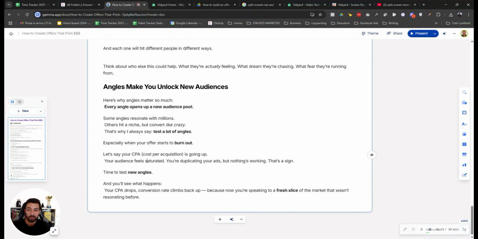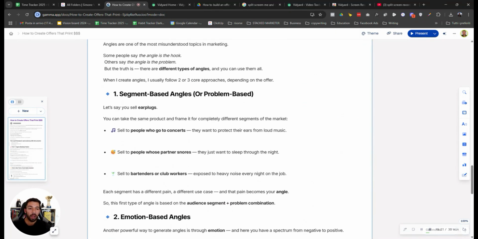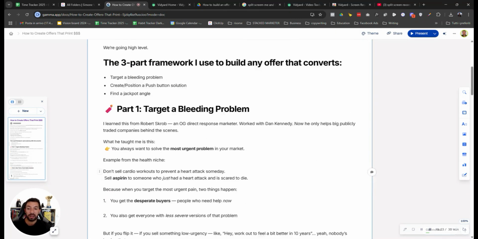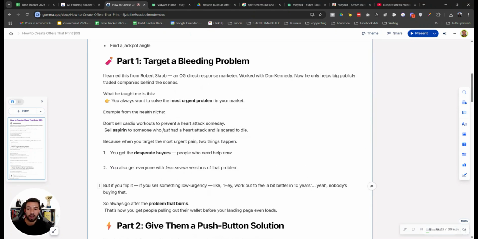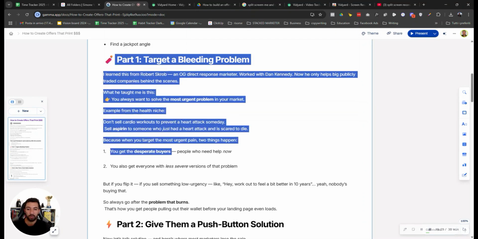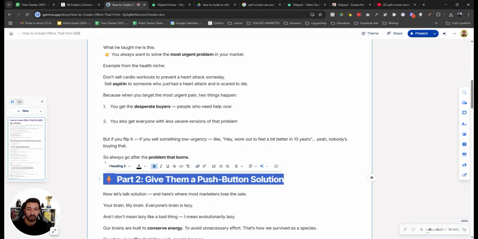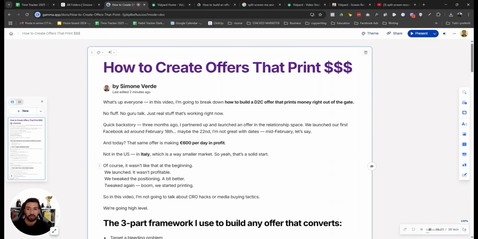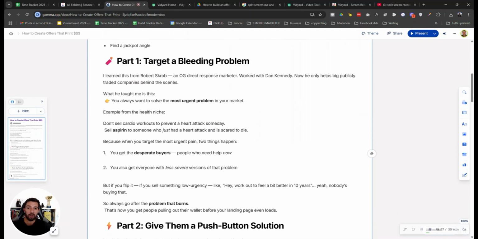So this is all for now. As promised, three very easy things. Probably the first two points are the hardest because you really have to change the positioning of your offer. But these are super helpful. These three things are really all you need to create an offer that runs.